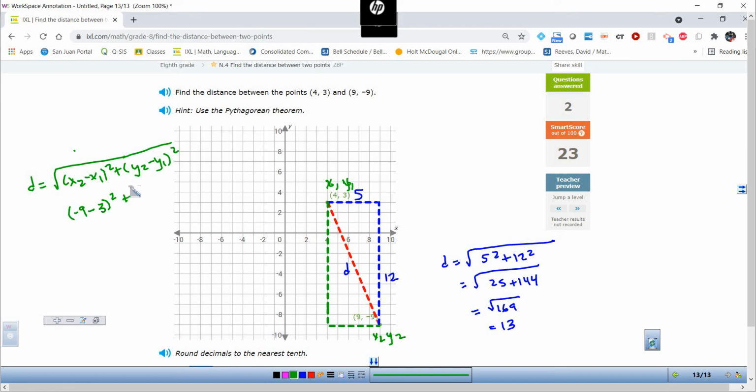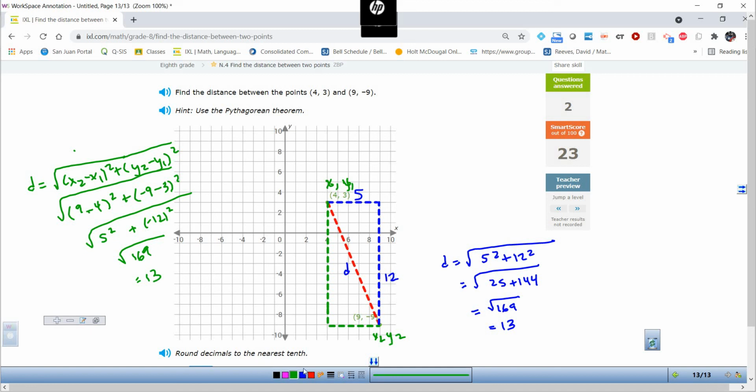You know what, I just did the y's, my apologies. Let's start with the x's, shall we? 9 minus 4 squared. My y's were -9 minus 3 squared. Well, 9 minus 4 is 5. Hey, look familiar? There's that 5 squared. And this one is actually -12 squared, but guess what? -12 squared and 12 squared is the same. We get the square root of 169, and we get 13.